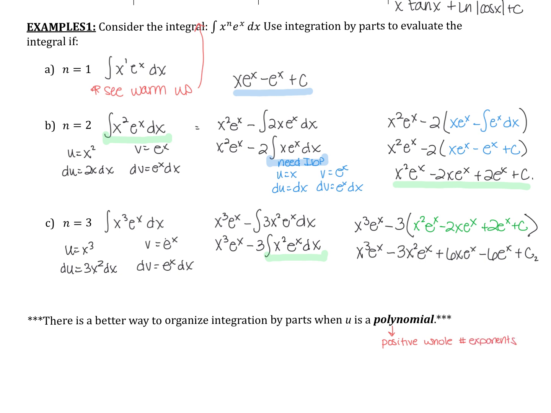So if u happens to be a polynomial, and especially when our dv is a cyclical function or something whose antiderivative just keeps going in a pattern, like it doesn't get smaller, it just keeps going back to the same thing, that would be a prime time to use this technique.